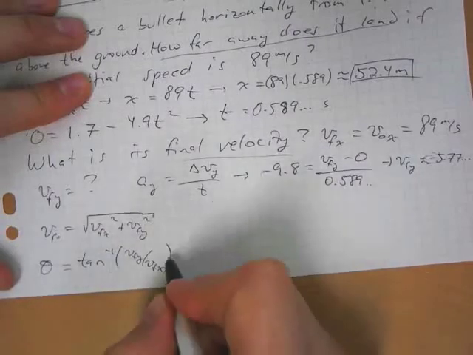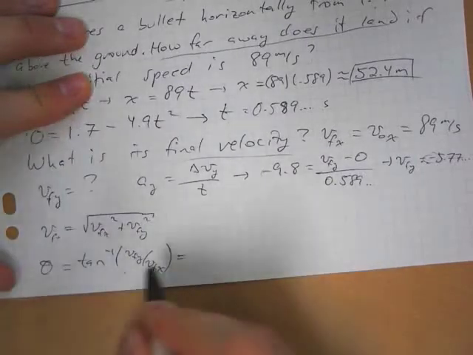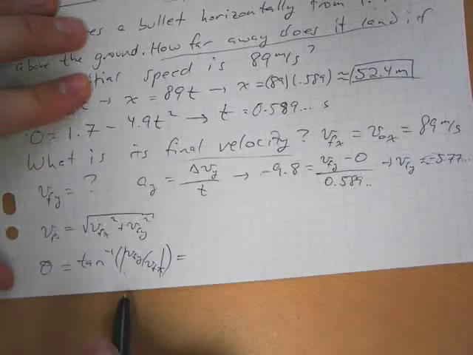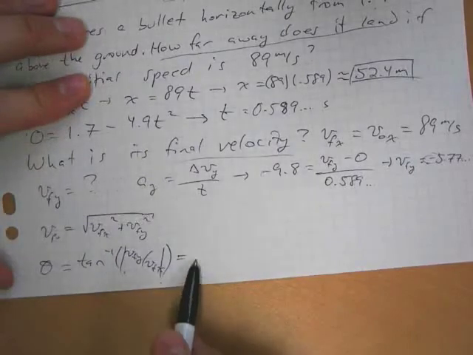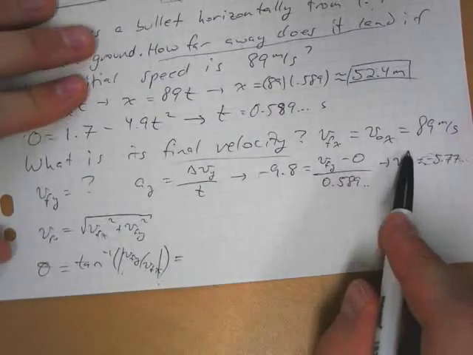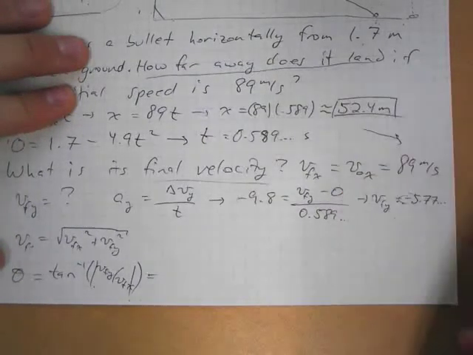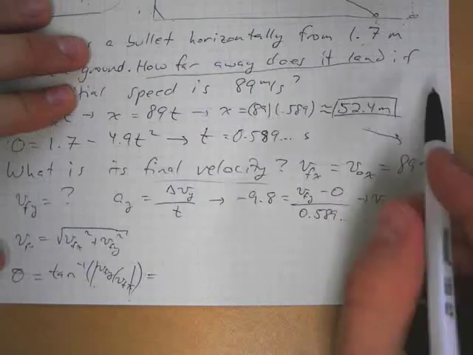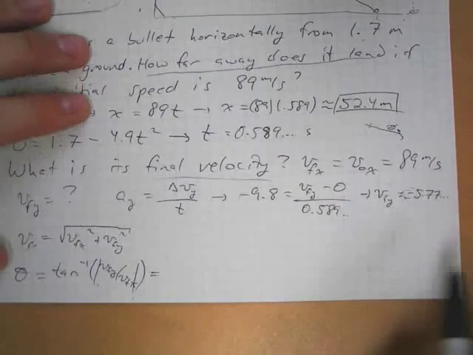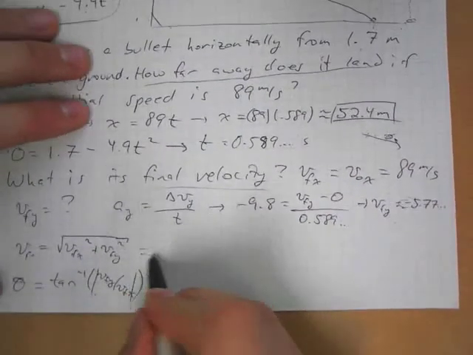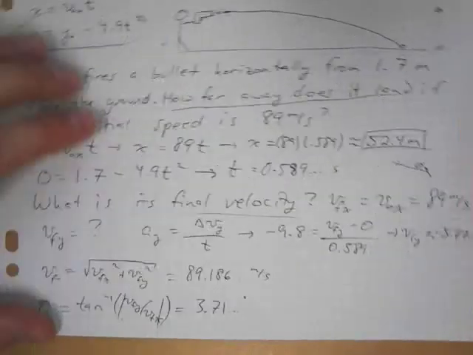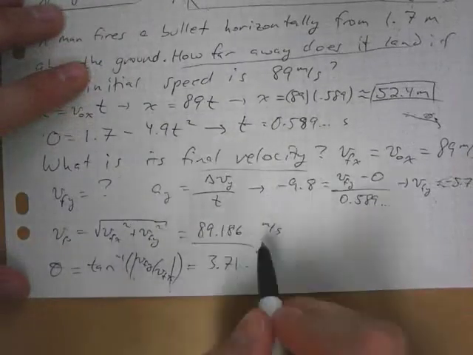We know that the x component is positive, the y component is negative, and so that means the vector is pointing off into quadrant 4, and we call that below the horizontal in this case. So we can punch those numbers in. It is 89.186, etc. meters per second at 3.71, etc. degrees below the horizontal.